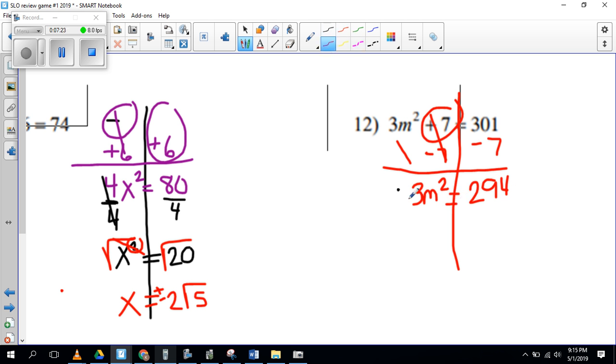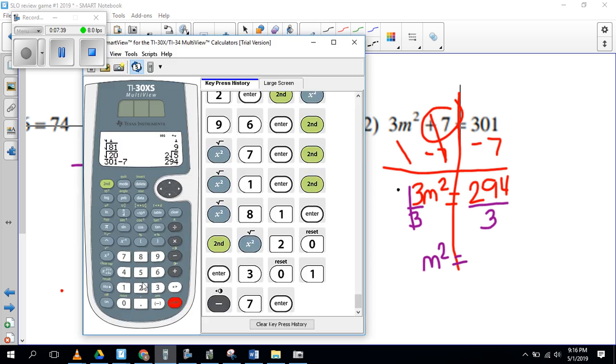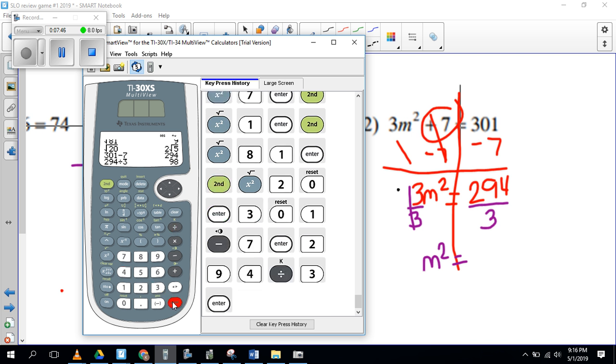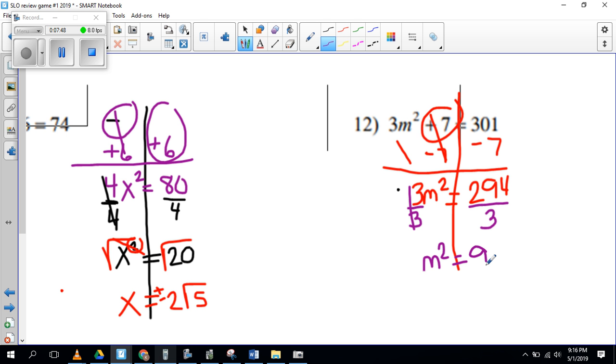We got to get rid of this 3. Remember, 3 is multiplying this m. So we do the inverse and divide by 3. Whatever we do to one side, we have to do to the other. That cancels out. M squared equals, let's see, 294 divided by 3. We get 98.